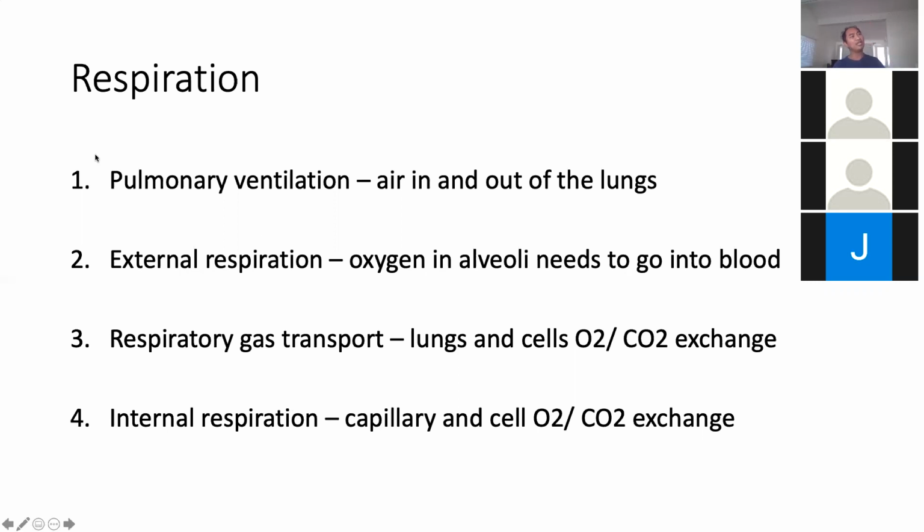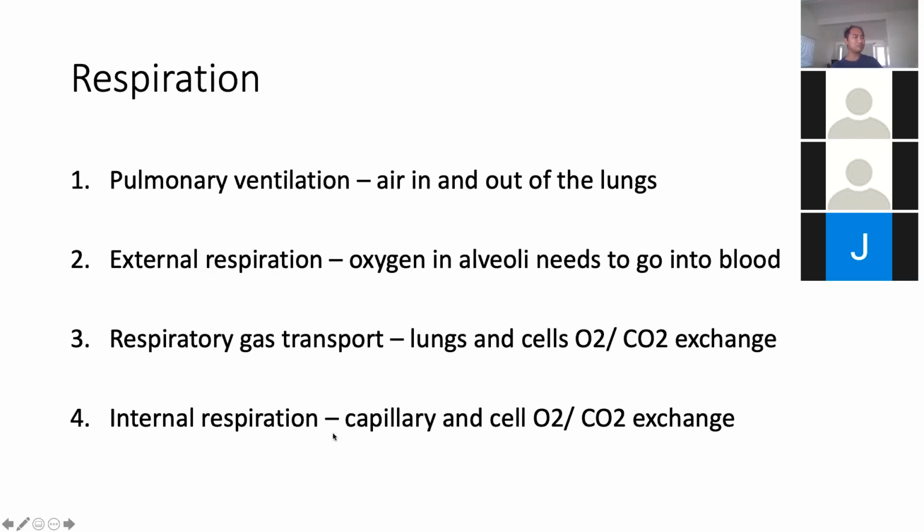ventilation. External respiration means the transfer of oxygen into the blood capillary. And then respiratory gas transport means this blood will carry the oxygen to the cell.